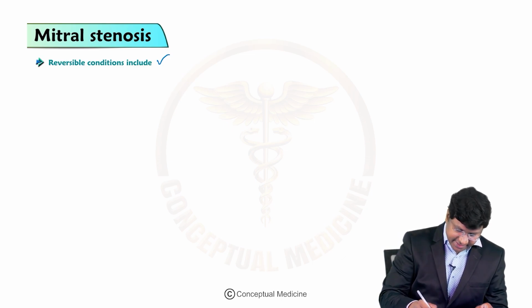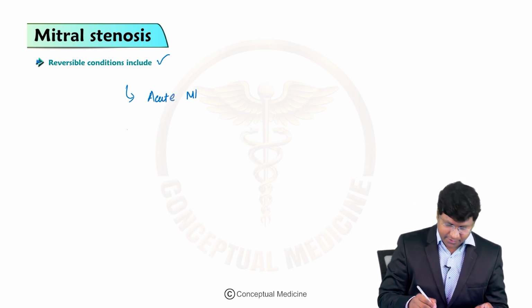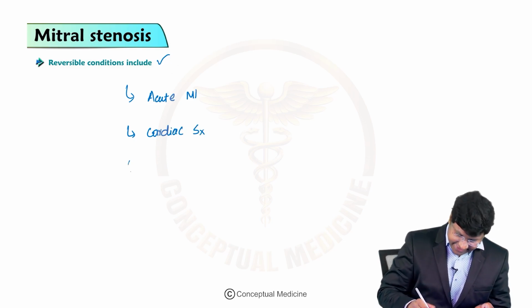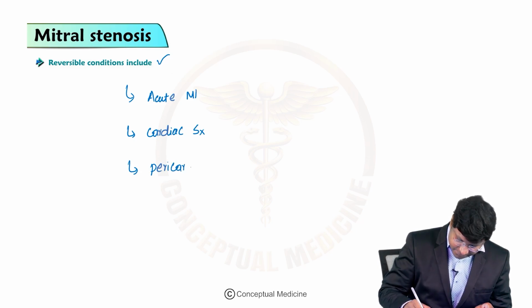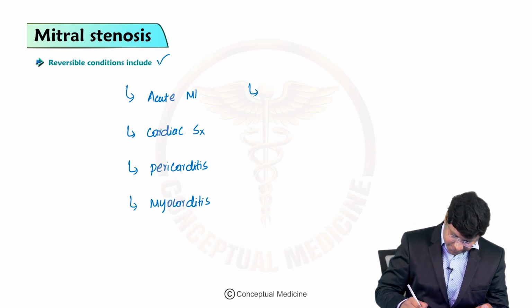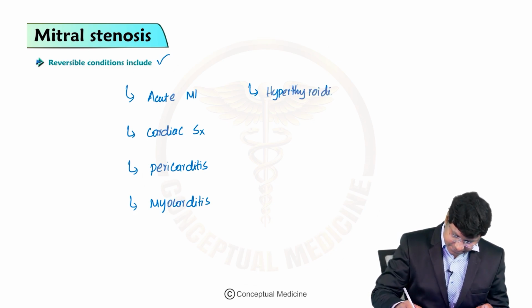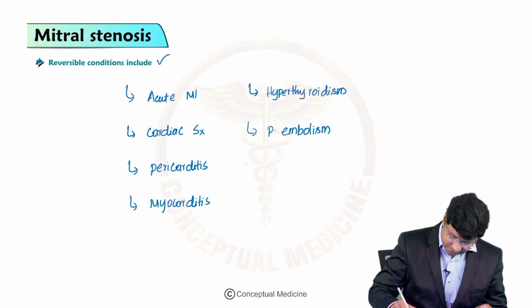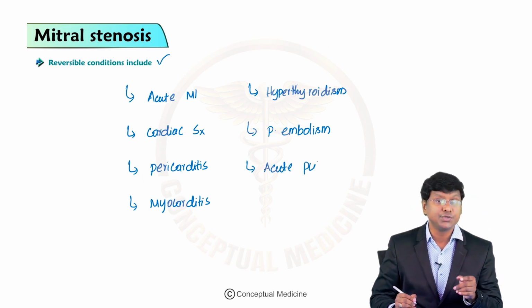Now, what are these reversible conditions? The reversible conditions include number 1, acute myocardial infarction; number 2, cardiac surgery; number 3, pericarditis; number 4, myocarditis; then hyperthyroidism; followed by pulmonary embolism; and next, acute pulmonary disease.